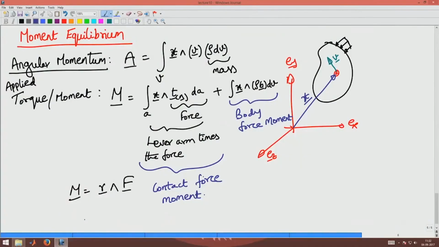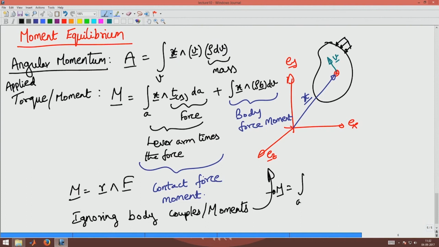Under that assumption, M is given by the integral of x cross t of n dA plus the integral of x cross rho b dV. Under this assumption, there is no additional couple term.